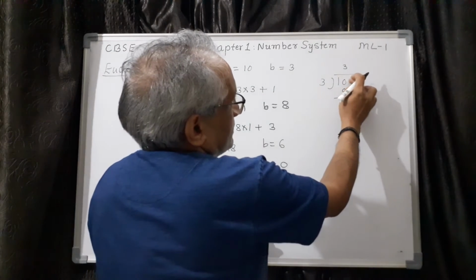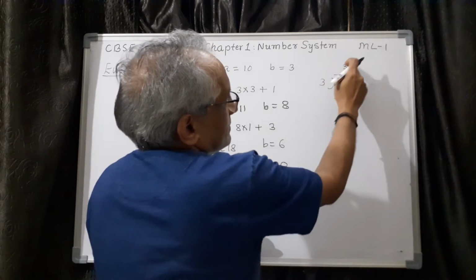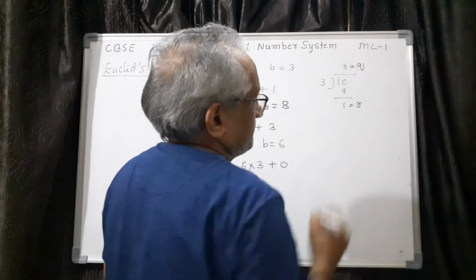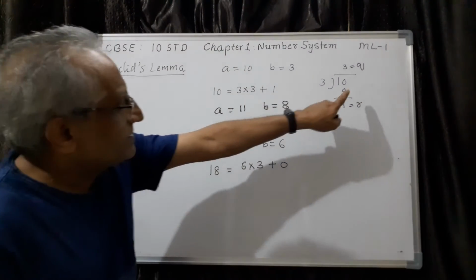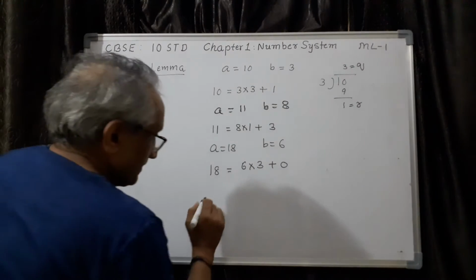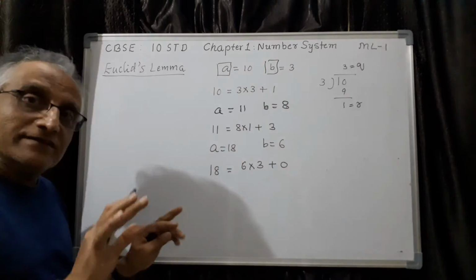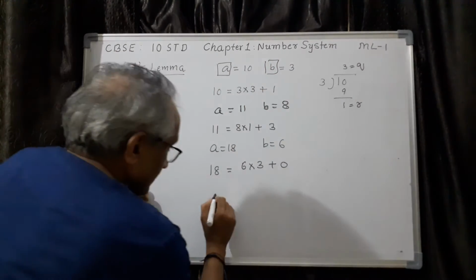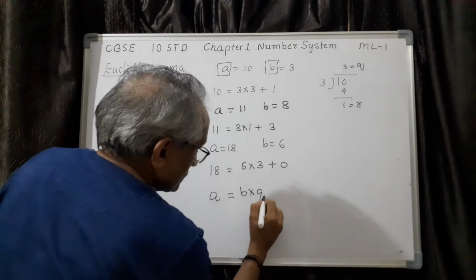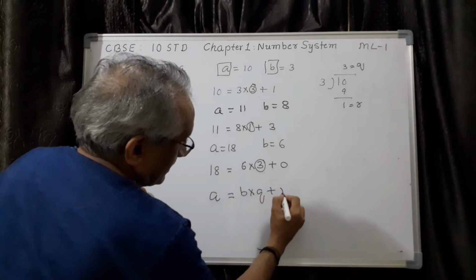You know the meaning of these: this is the dividend, this is the divisor, this is the quotient, and this is the remainder. So we call them Q and R. In our representation, this is a and this is b. Therefore, in general, given any two numbers a and b, with the assumption that a is more than b, a can be written as b into q plus r.